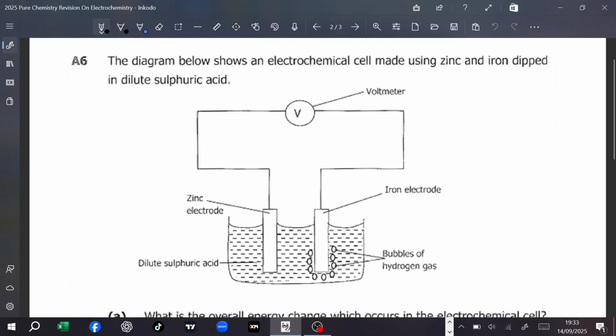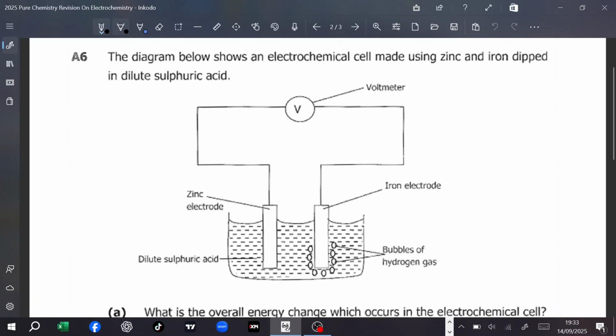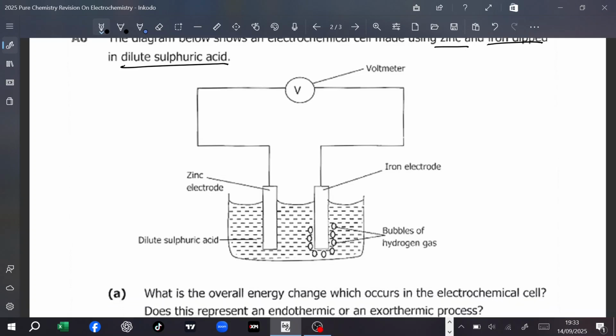So we have zinc and then we have iron there. Then we have dilute sulfuric acid like that.